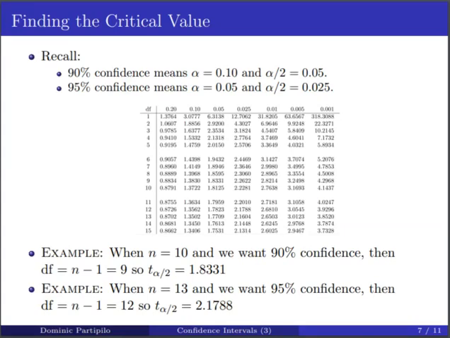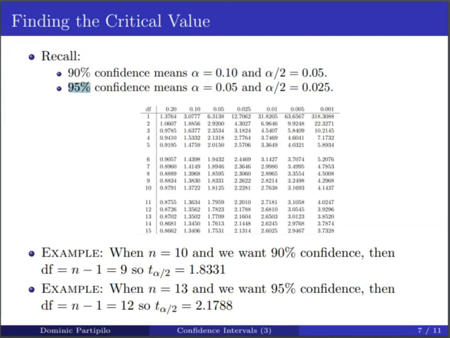So just like before, our rules with alpha are going to apply. So when we're dealing with a 90% confidence level, that means alpha is going to be 0.10 because 10% is what remains. So alpha half is going to be 0.05.